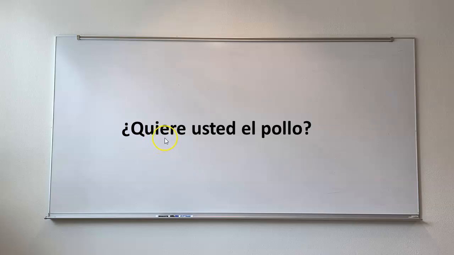Notice the stem change, quiere. And notice also the subject pronoun is after the verb. For statements, the order is subject pronoun and verb, like usted quiere. But if I want to ask the question, do you want, in Spanish you have to reverse the order. So do you want would be quiere usted. ¿Quiere usted el pollo? Do you want the chicken?